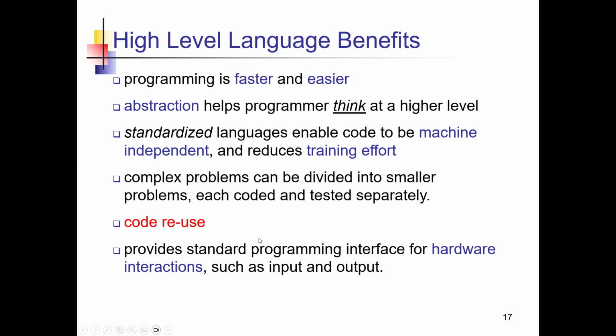Also, complex programs can be divided into smaller programs, each coded and tested separately. Also, code reuse. For example, inheritance gives us that concept, or functions also. Also, it provides a standard program interface for hardware interaction, such as input and output. So all these we mentioned are features in high-level languages, C, C++, Java, etc.